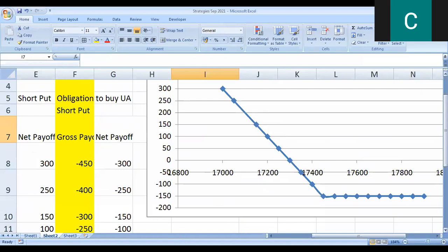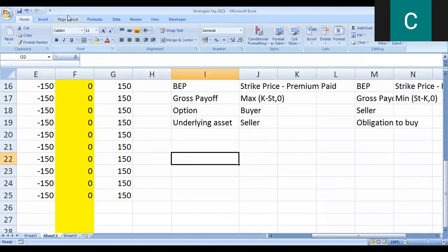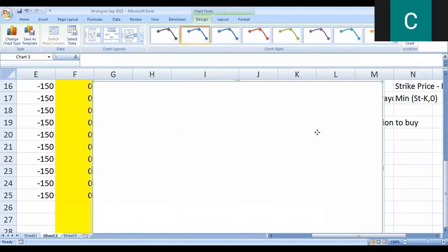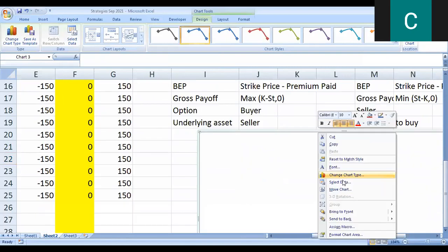It looks like the mirror image. Whenever the market is in a downtrend, it will be below the x-axis, a downward sloping line. And when the market is in an uptrend, it will be above the x-axis, and it is a straight line.